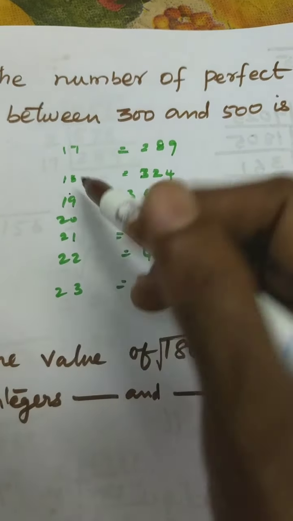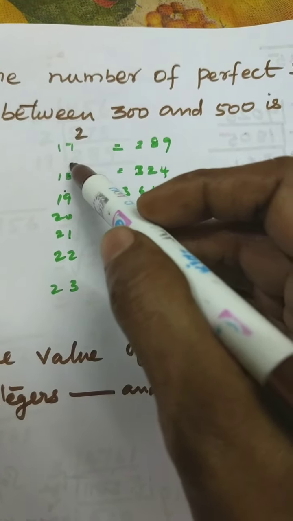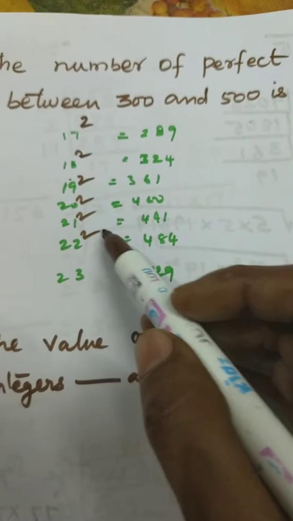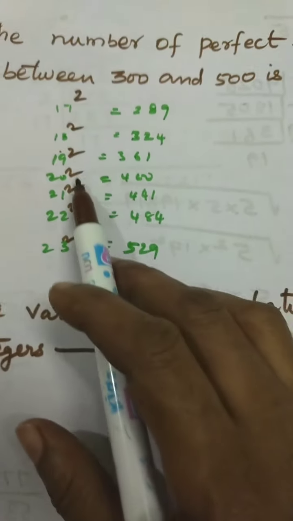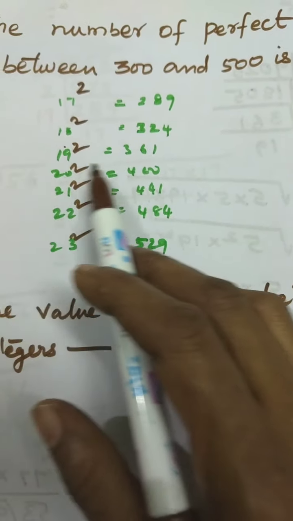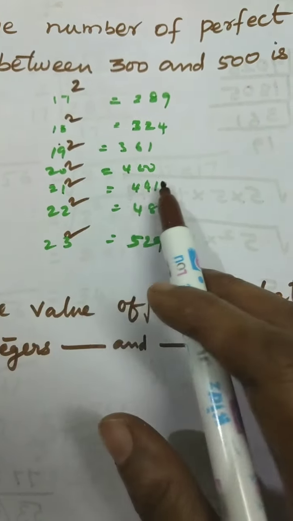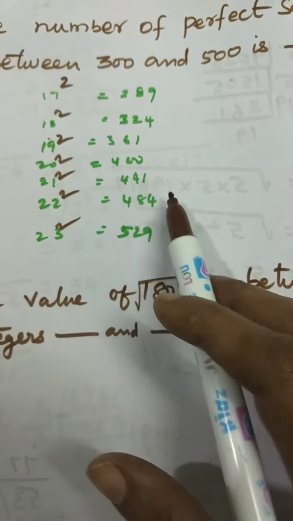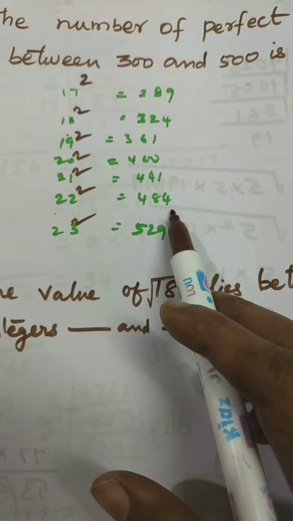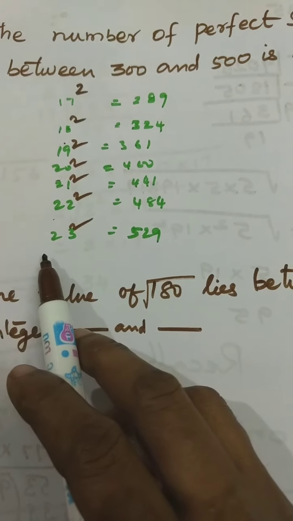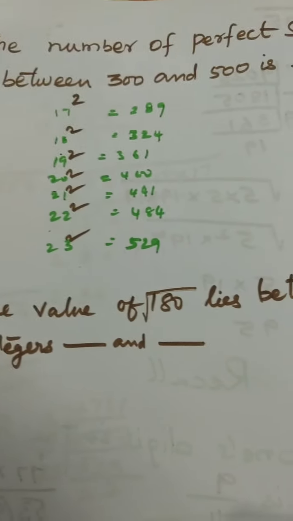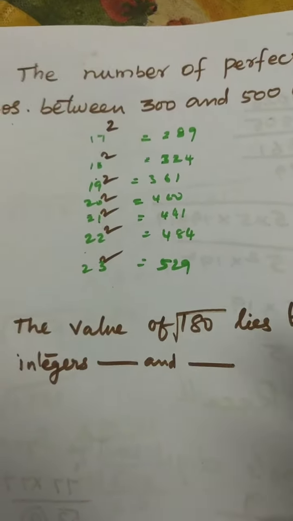Then 18 square, 19 square, 20 square, 21 square, 22 square, 23 square. 18 square is 324, 19 square is 361, 20 square is 400, 21 square is 441, 22 square is 484, and 23 square is 529.